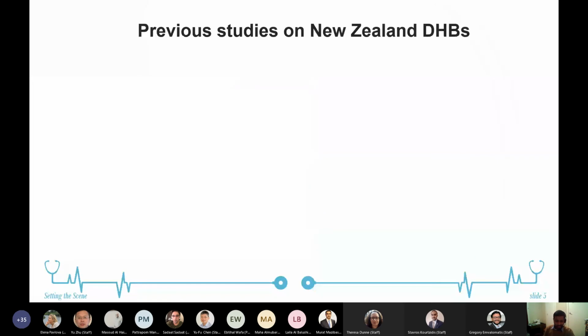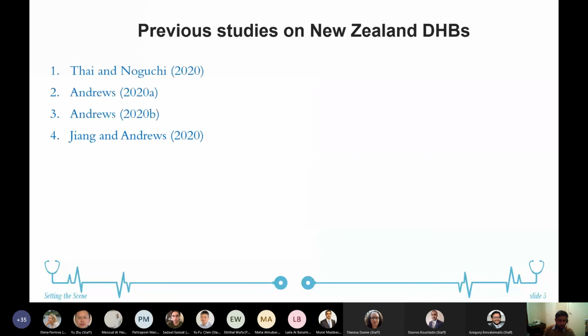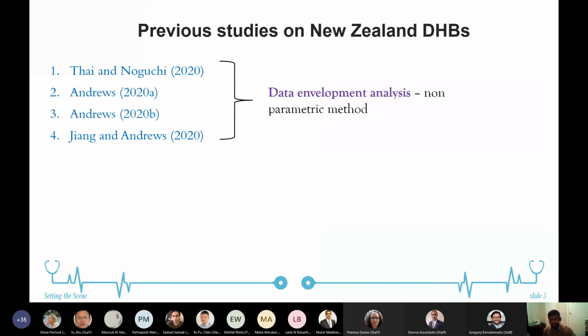So, previous studies on New Zealand district health boards: what has been done so far in terms of inefficiency? There are about 4 papers so far, and all 4 use what we call data envelopment analysis, which is a non-parametric method, which is not what I'm using. In simple words, it's more mathematical.